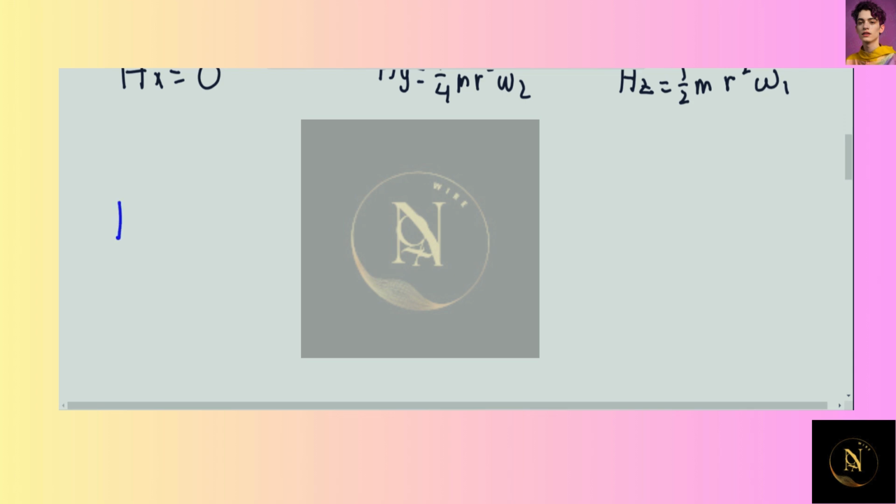So now we can say that this angular momentum H of G is equal to the x component i plus the y component j plus the z component k.